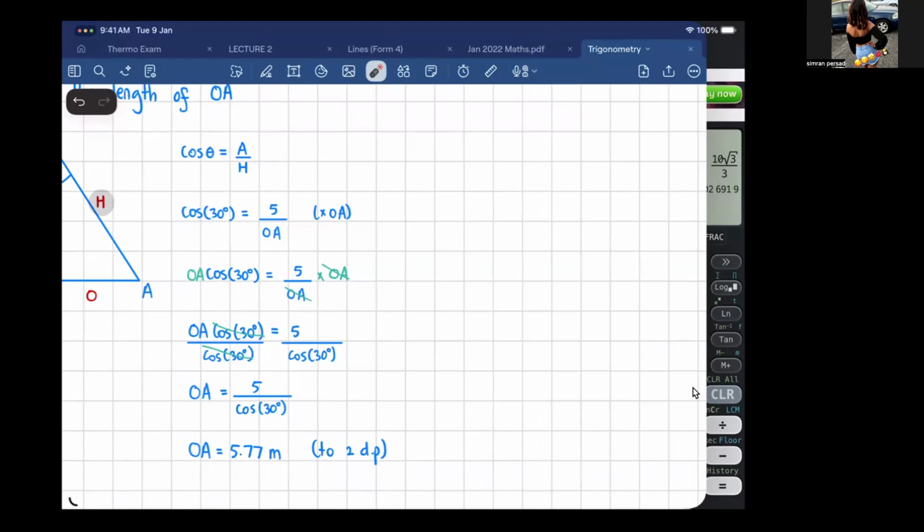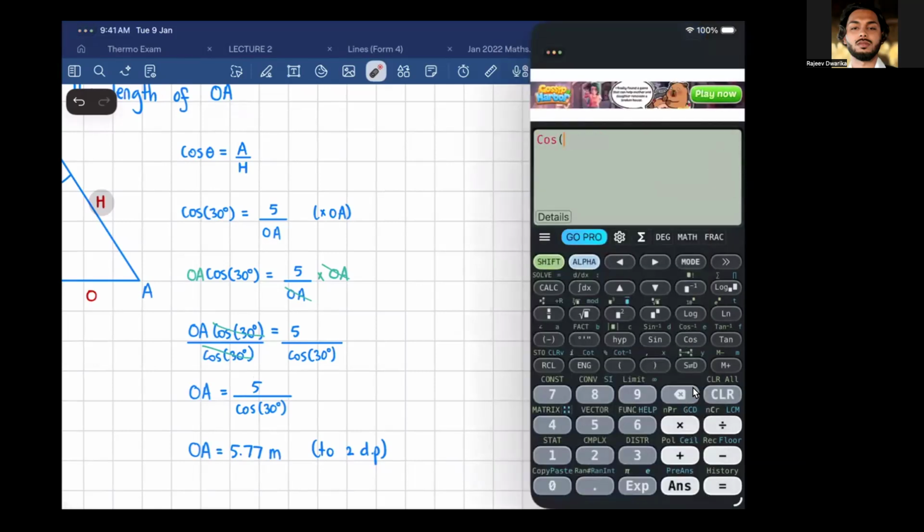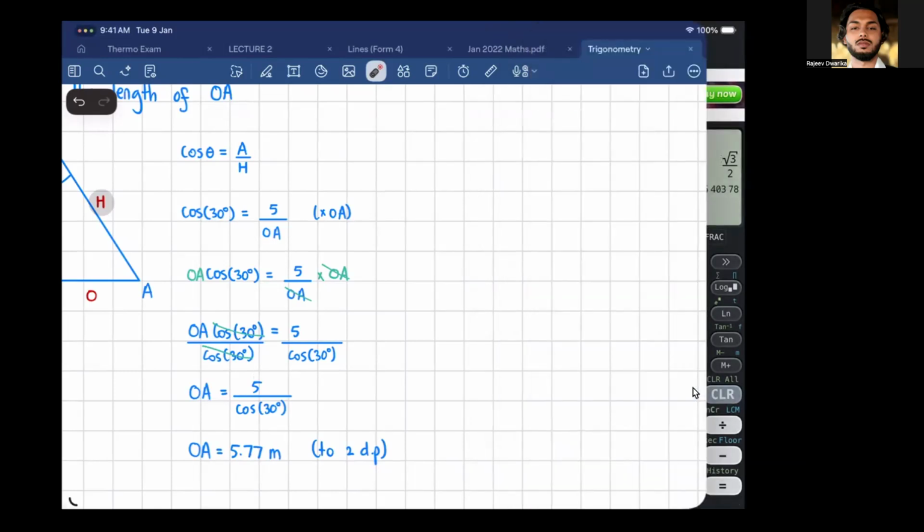I kind of get a little confused when you reach to cancel off the cos 30 degrees, but then I catch on. Okay. You understand that? Okay, cos 30. If you put it into your calculator, you'll realize cos 30 is actually a number, right? You see 0.866.